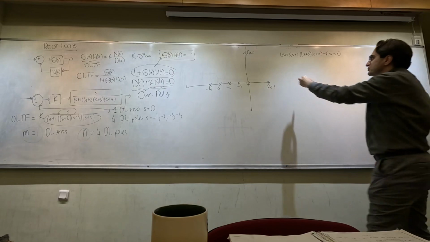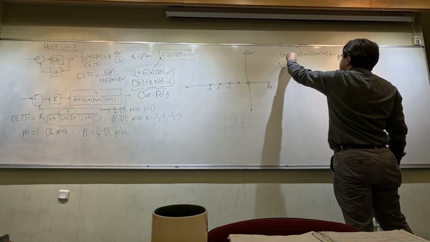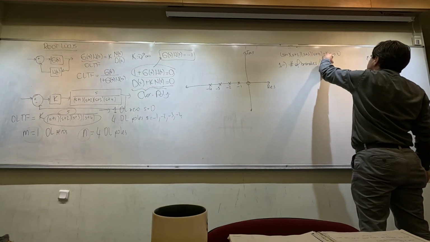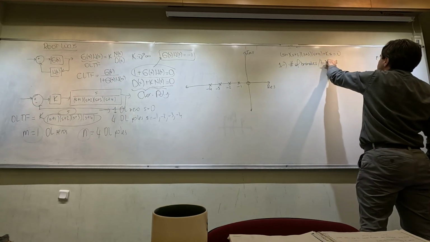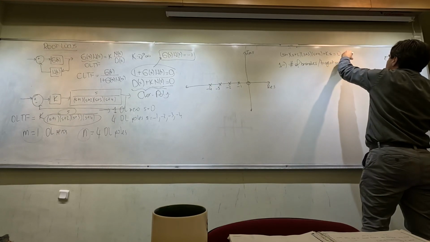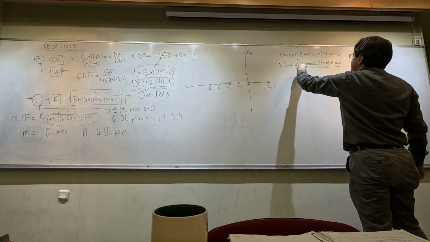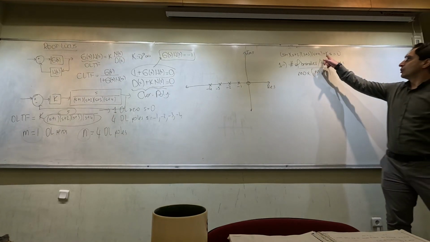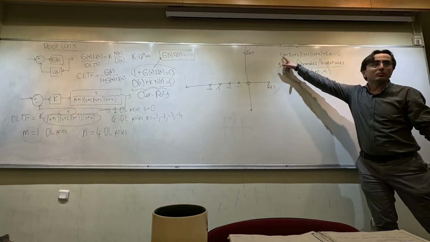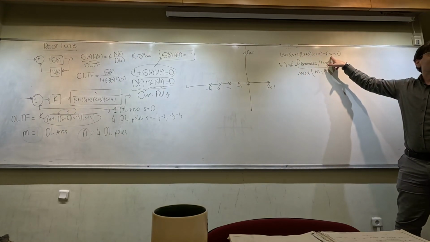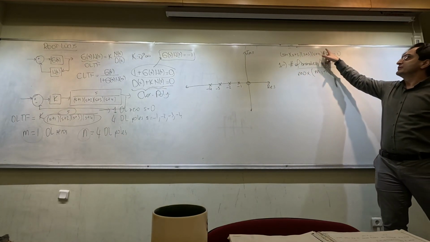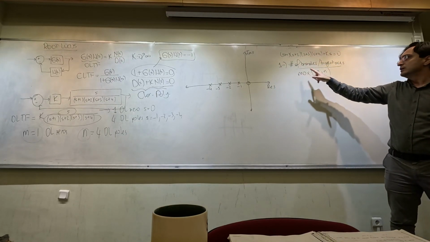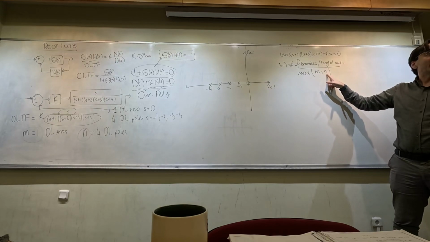And this is one of the rules actually. Okay? The number of branches or trajectories in the root locus is given as maximum of m and n. Okay? So there is an nth order polynomial, there is an mth order polynomial here, and the overall order of the characteristic polynomial is given as maximum of m and n.